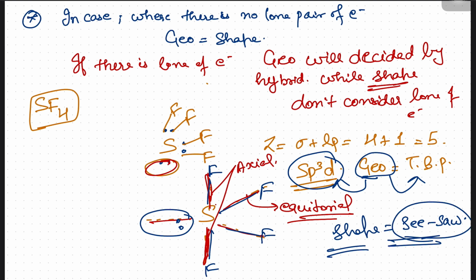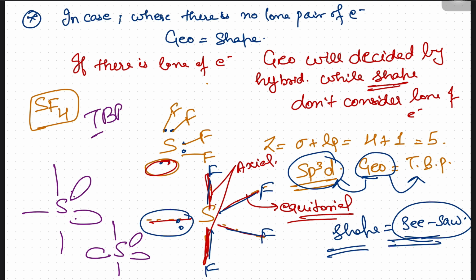In case you are having just one lone pair, you place it like this. In case you are having 2 lone pairs, then you will place them in this position, okay? In case you are having 3 lone pairs, then you will place 3 over here. Only these maximum cases you can get in the trigonal bipyramidal geometry, okay?